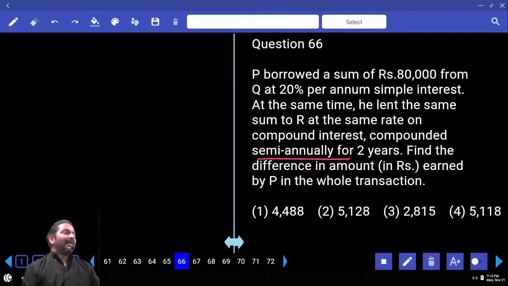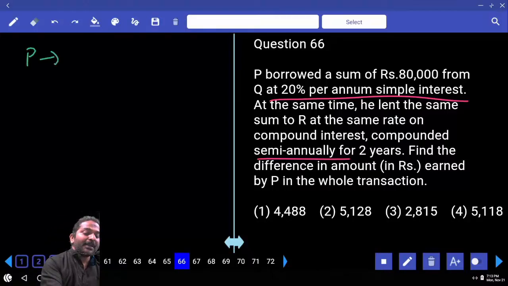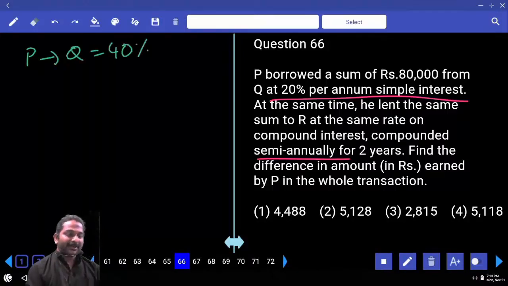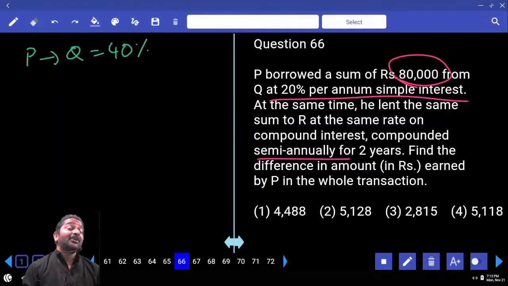See, P got money from Q, and for Q he will pay 20% per annum simple interest. For 2 years, how much interest will he pay? P to Q, he will pay only 40%. Whatever money he took from Q, P is giving it to R, but from R he is collecting compound interest, compounded half yearly at the same rate.